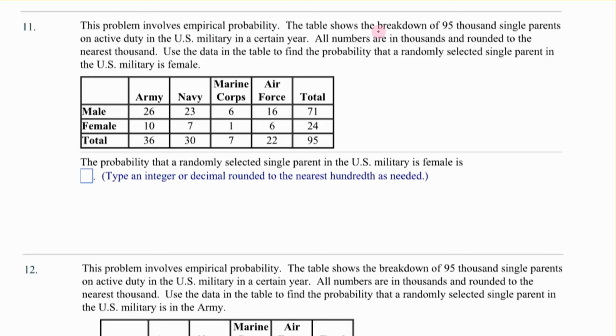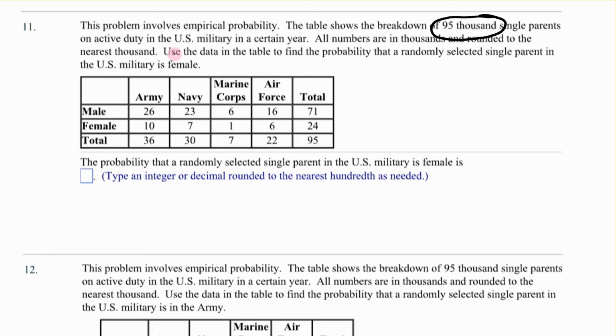The table shows the breakdown of 95,000 single parents on active duty in the U.S. military in a certain year. I don't know if we'll need this, but I know that there are 95,000 single parents in the military. All numbers are in thousands and rounded to the nearest thousand.